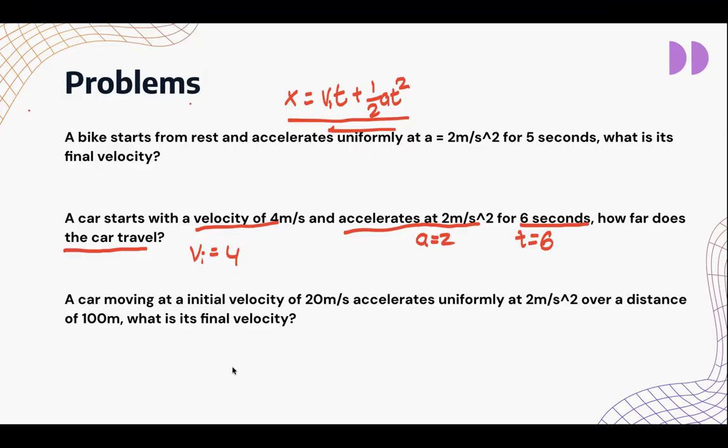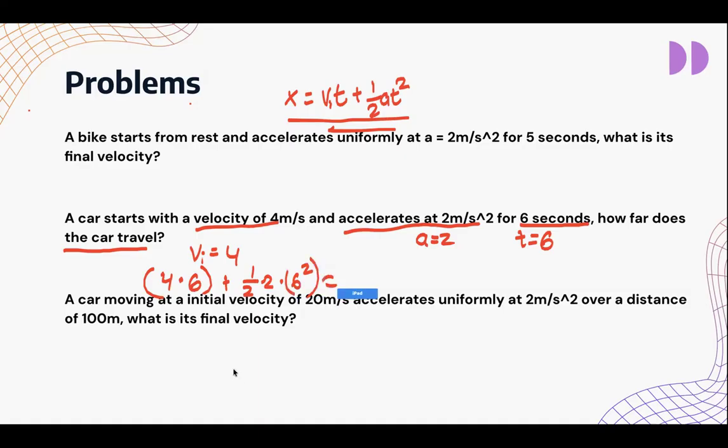So you get 4 times 6 plus 1/2 times 2 times 6 squared.